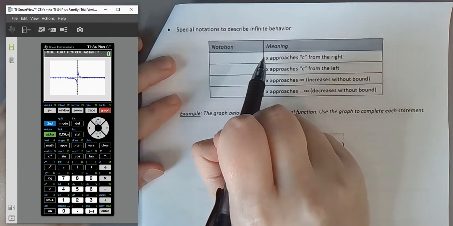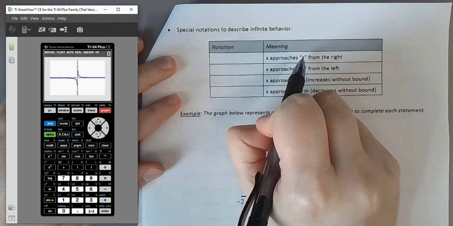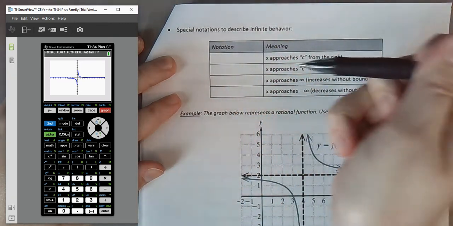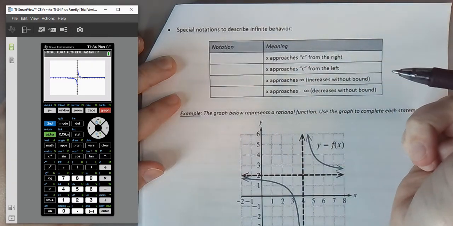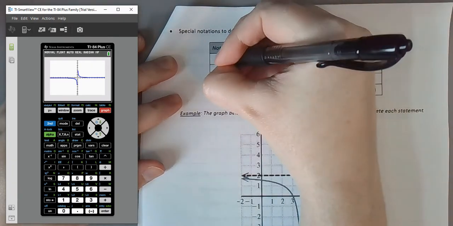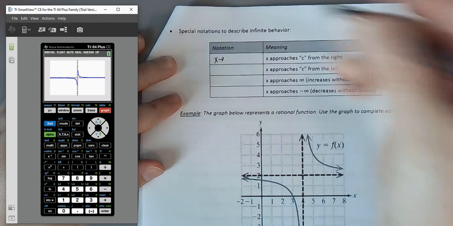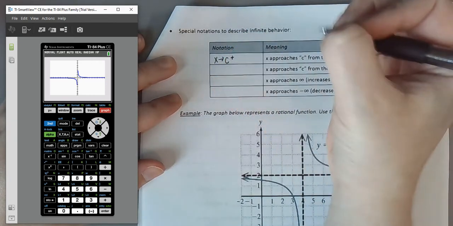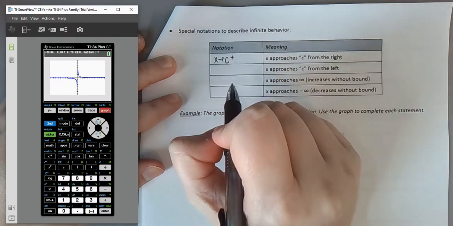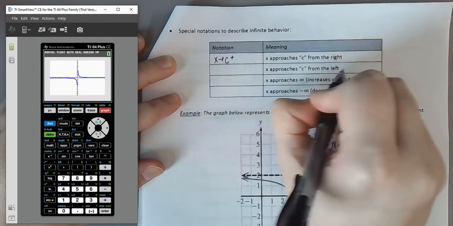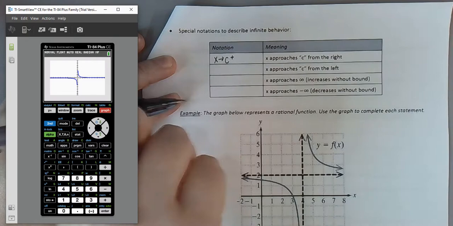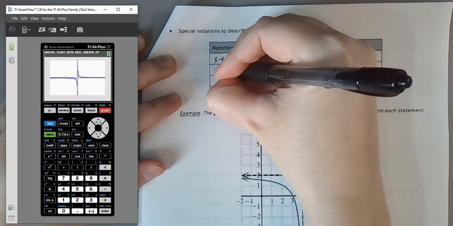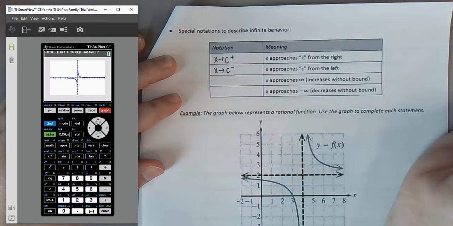So if we want to talk about x approaching a value from the right, in other words, from the positive side of the coordinate plane, the notation for this is x approaches this value that we're calling c from the right, from the positive number. So we're going to write a superscript plus sign. Now, if we want to talk about approaching from the left, from the negative side of the x-axis, same kind of thing, but x is approaching c from the negative side.